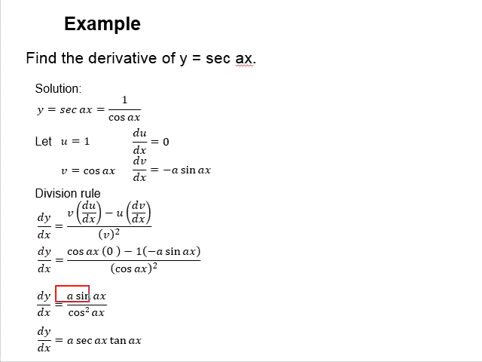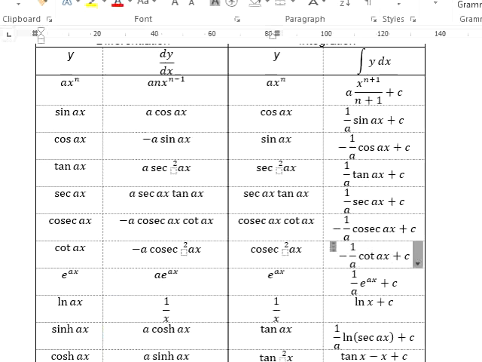Reorganize the equations, you get this, which can also be expressed in terms of sec ax times tan ax. Sec ax is 1 per cos, while tan ax is sine per cos, which is exactly the same as given in the formula.